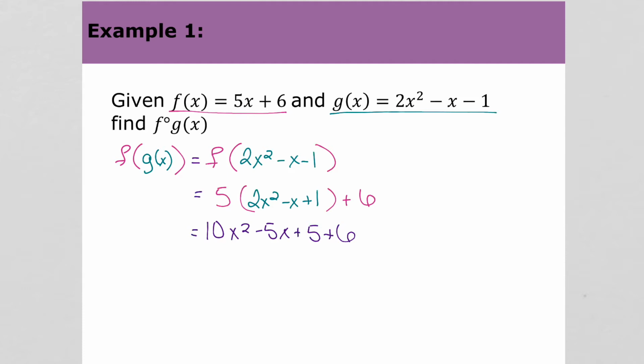Let's see. This is supposed to be a minus 1, which means that's supposed to be a minus 5. There we go. So f of g of x is 10x squared minus 5x plus 1.